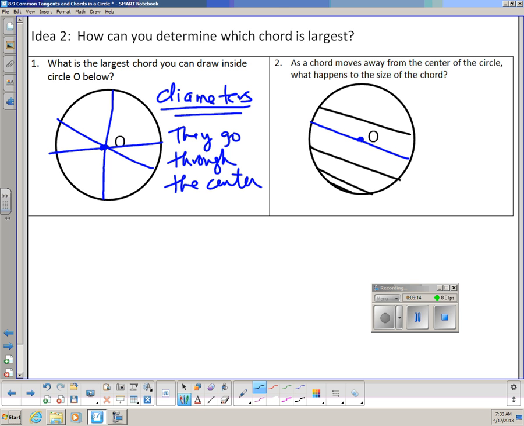Same thing happens on the other side of the circle. As I move further and further away from the center, the chord gets smaller. So as the chord moves away from the center of the circle, what happens to the size of the chord? It gets smaller.